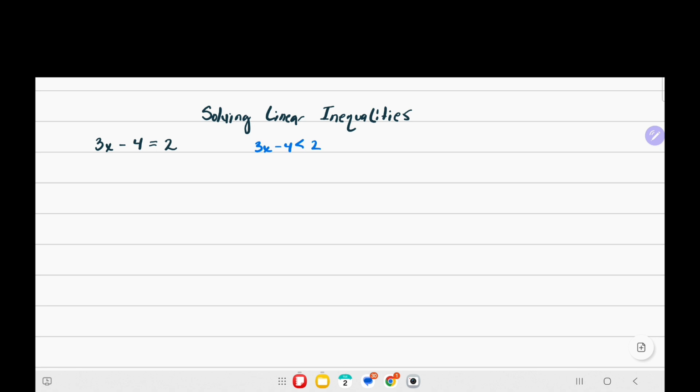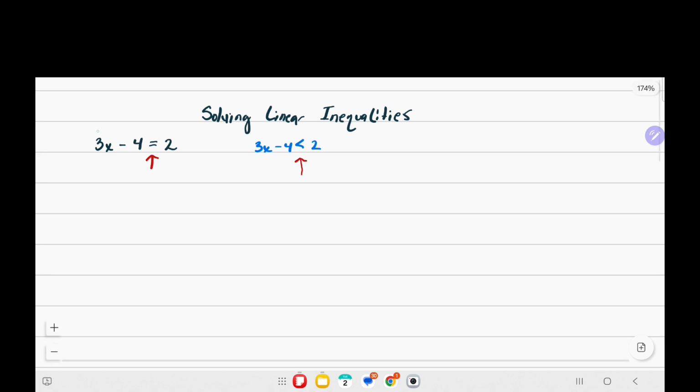All right, so what's the difference? Problem 1 is an equality, and this second problem here is an inequality. The only difference is what the answer means. All right, so we'll go over the old one just to make sure.